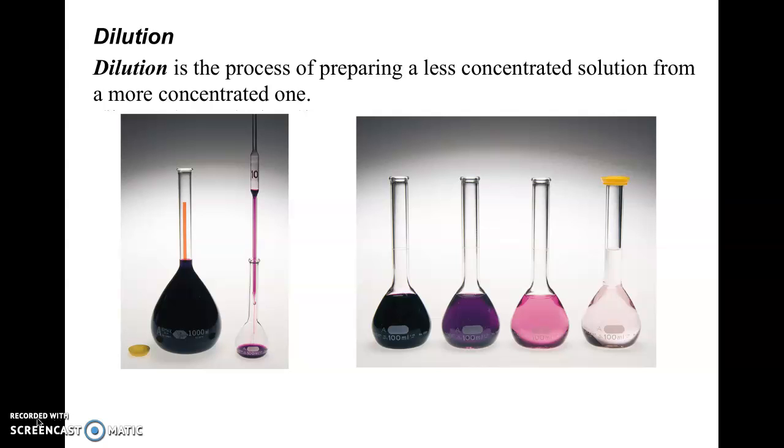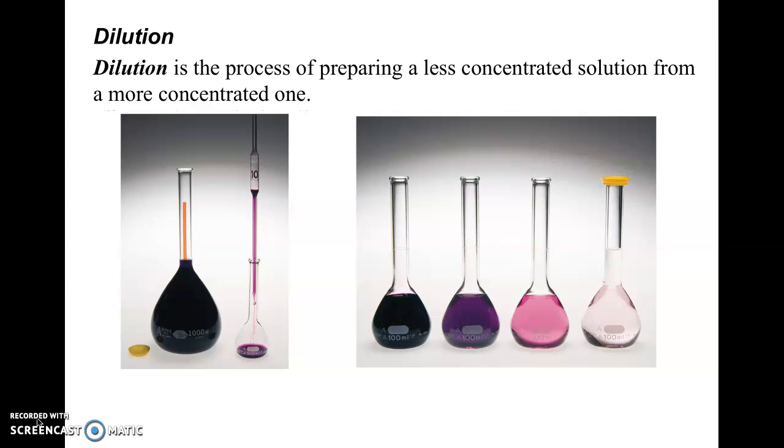So on the left, what they're showing you is a very concentrated solution. It's very dark. And next to it, there's a 10 ml volumetric pipette. Those measure volumes extremely accurately, and they're taking 10 mL of the concentrated material and putting it into 100 mL volumetric flasks.